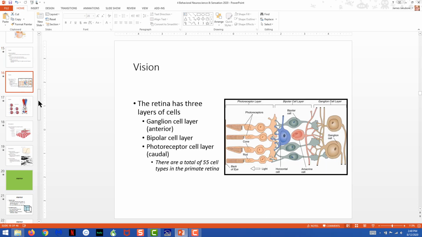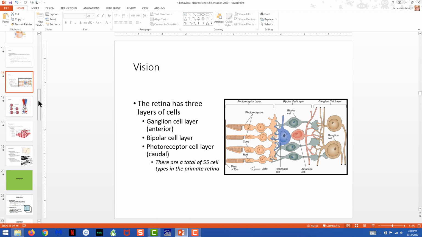Now, your vision is probably, I would say, the least well understood sense. A great deal about vision is known, but there's an enormous amount of complication because if you go to your retina, there's actually 3 layers of tissue that are detecting light. There's ganglion cells, the bipolar cells, and then there's the rods and cones in the back, the photoreceptor cell layer.